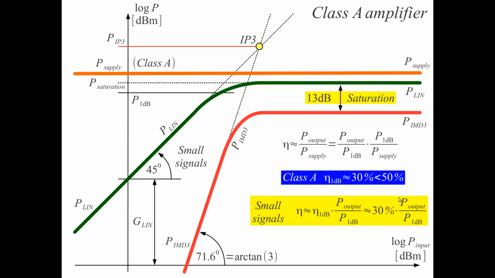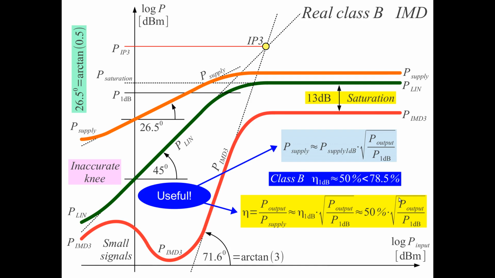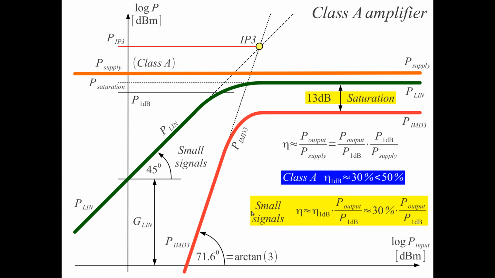In a class B amplifier, the decrease is only proportional to the square root of the output power. So this decrease of the efficiency is much less than in the case of class A.